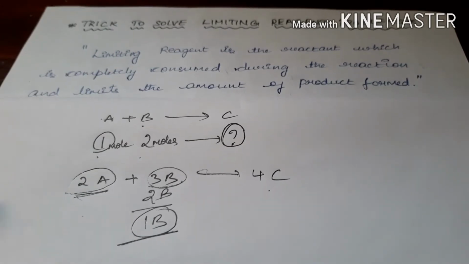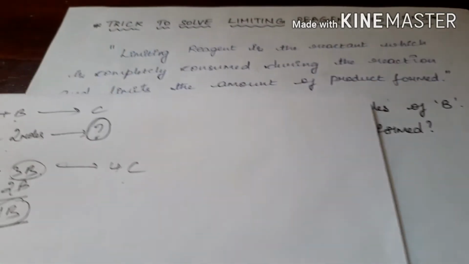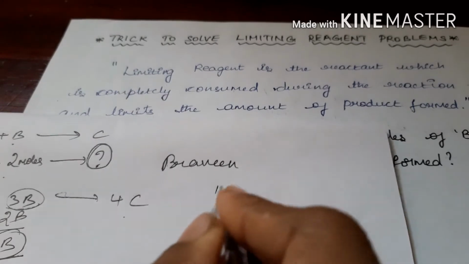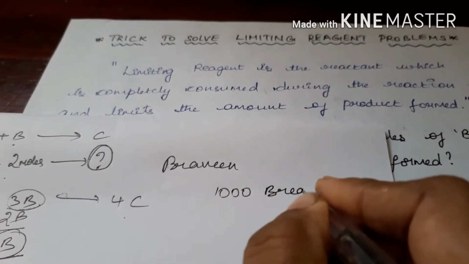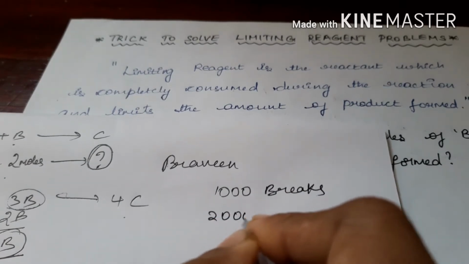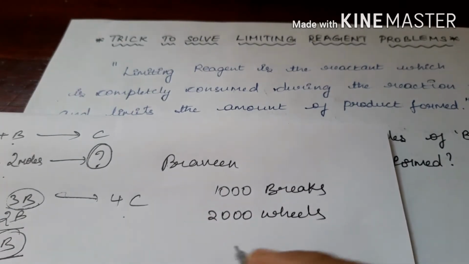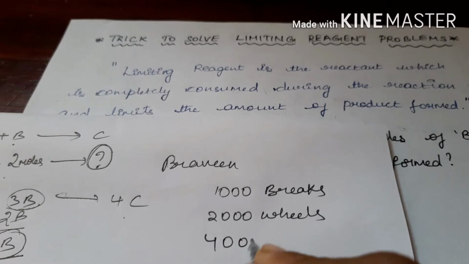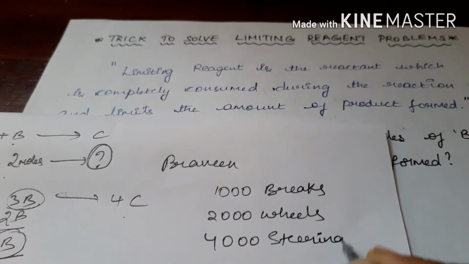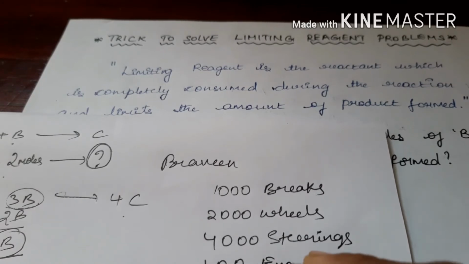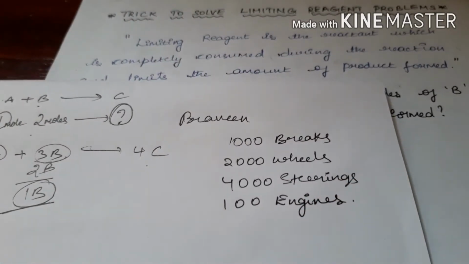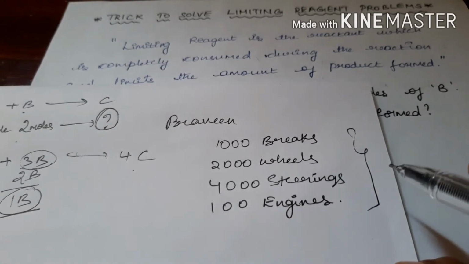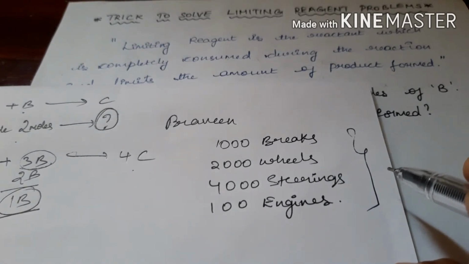Consider a daily example. Praveen manufactures cars daily by using 1000 brakes, 2000 wheels, 4000 steerings and 100 engines.